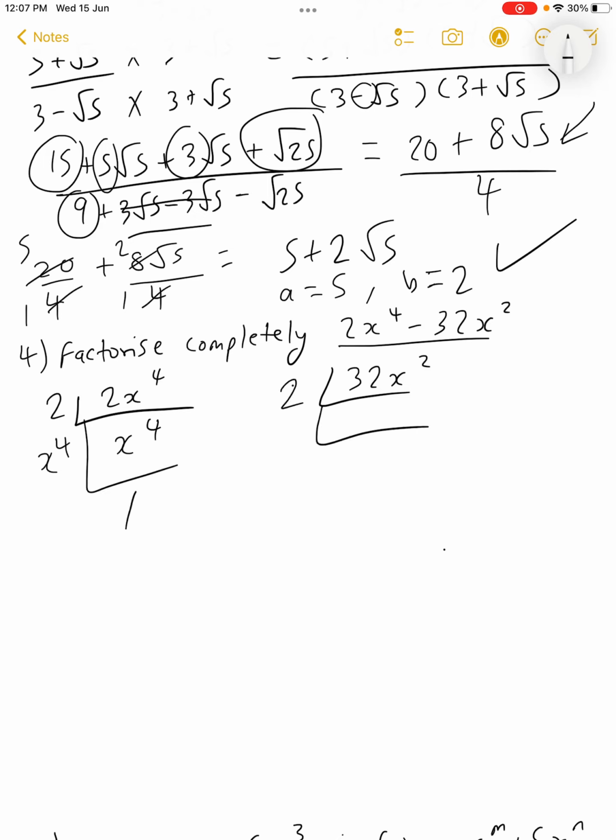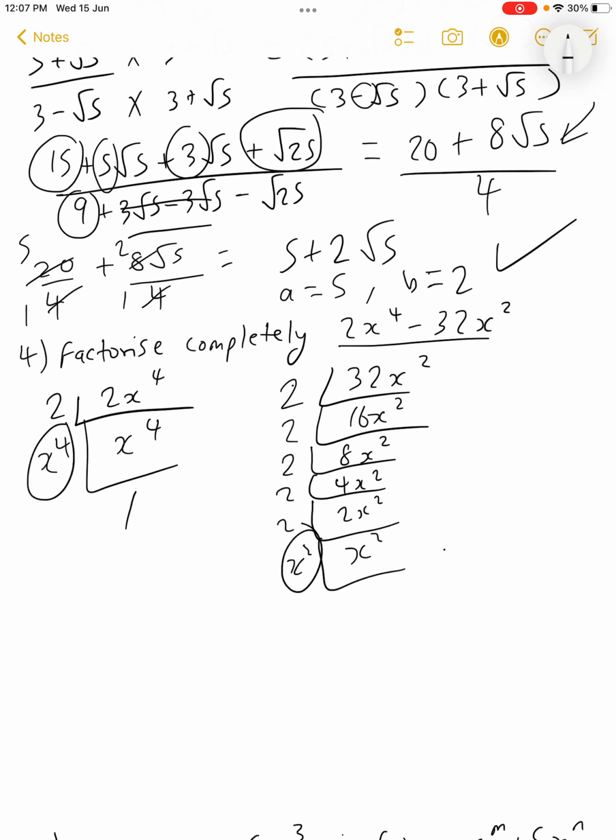You have 32 divided by 2, that's 16x squared. Divide this and you get 8, 4, so you have a lot of 2's there in x squared. Since you know that x squared and x4 have something in common, that's going to be x squared in common, and you have 2 and 32, that should be 2 in common. That indirectly gives you 2x squared.